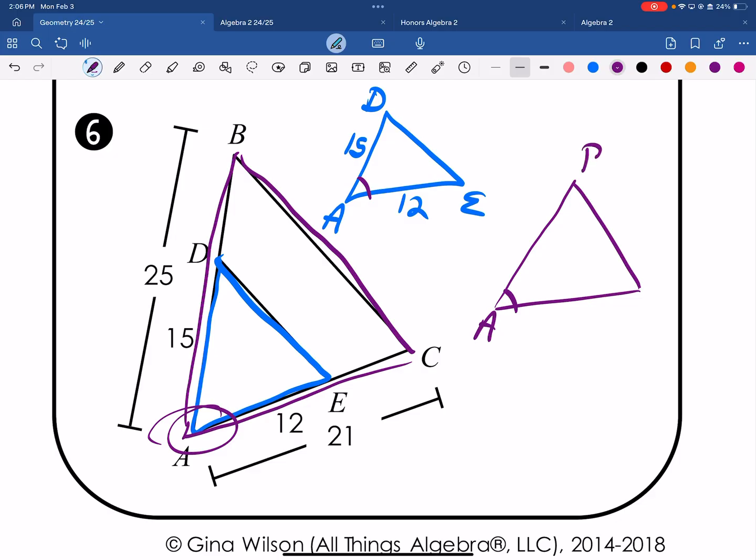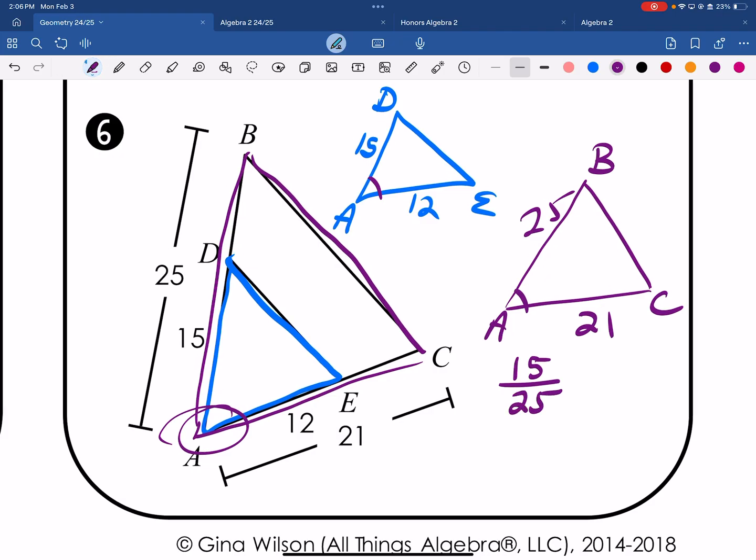So this is angle A, triangle ABC. What's the length of AC? That's 21, right? And this is 25. So if I go 15, that's the longest side of triangle ADE. That's 15 over 25. Does that look like the right ratio?